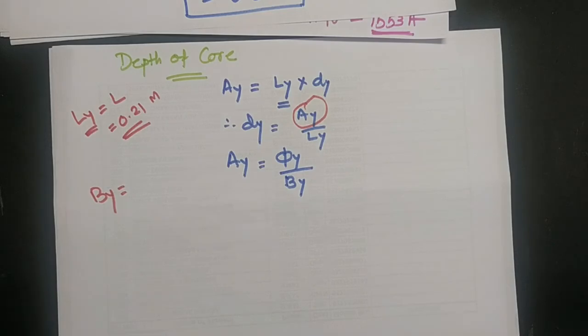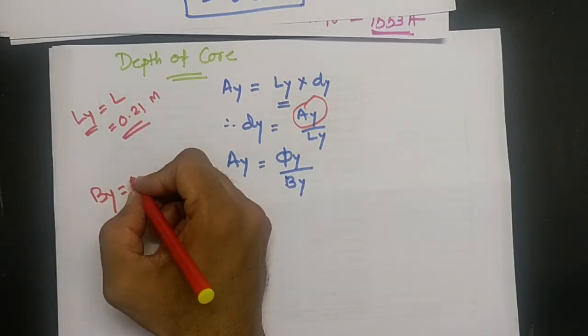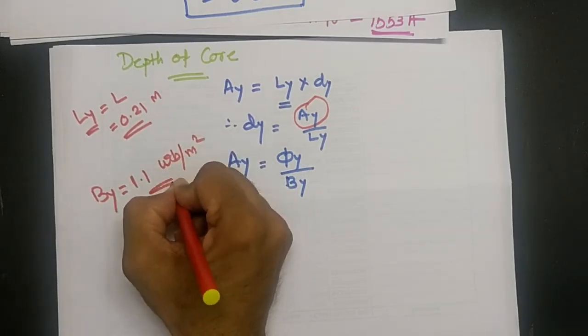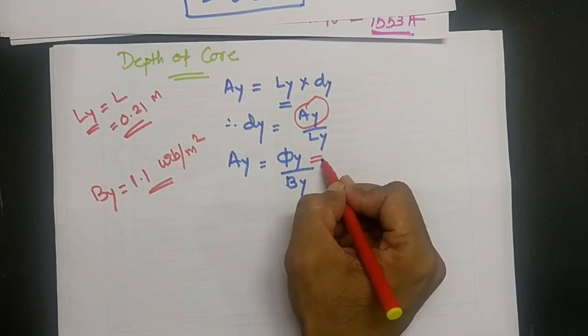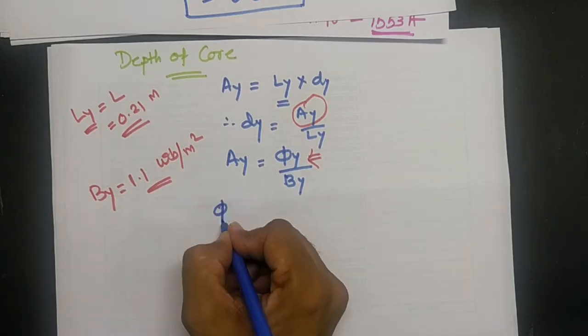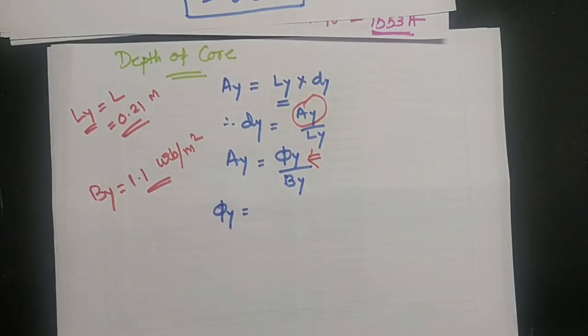A lot of parameters we have assumed, because they are not given in the data of the numerical, so that is why we have to assume a lot of values. Suppose we assume the flux density as 1.1 Weber per meter square. So we need to calculate the flux passing through the yoke.